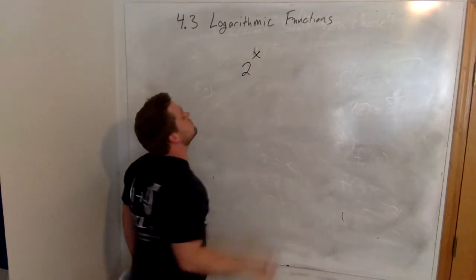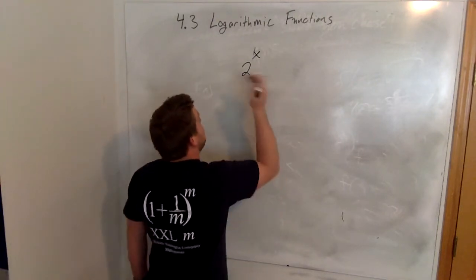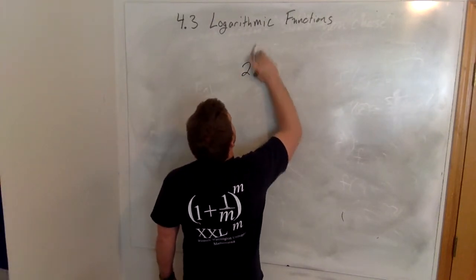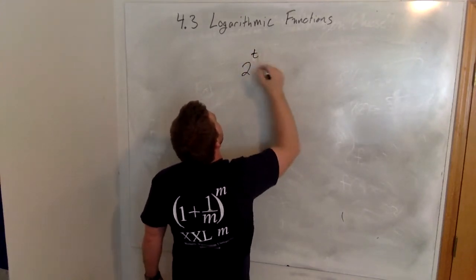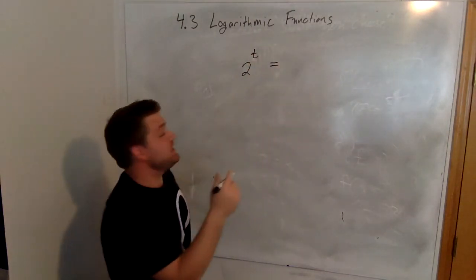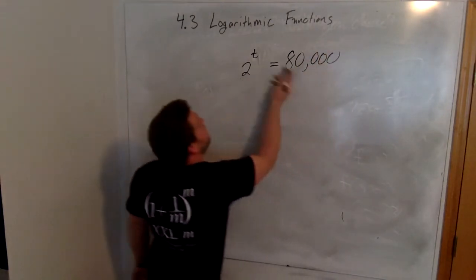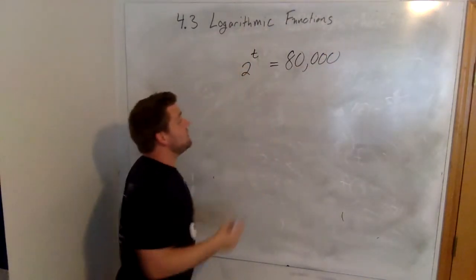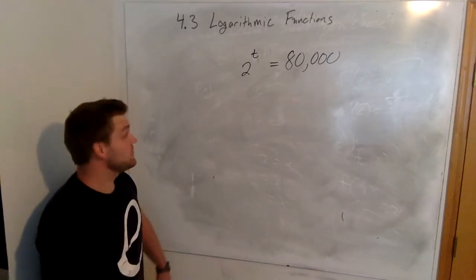This is an exponential function, and maybe we want to know how long would it take for the zombies to overcome Bellingham? How long till the population is equal to the Bellingham population?